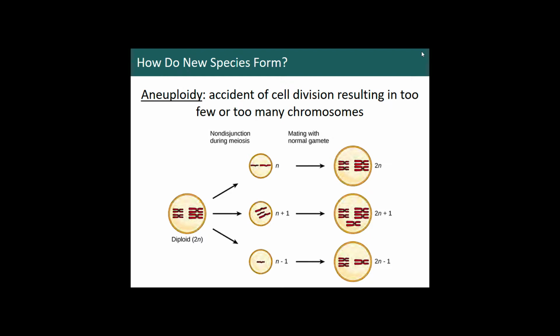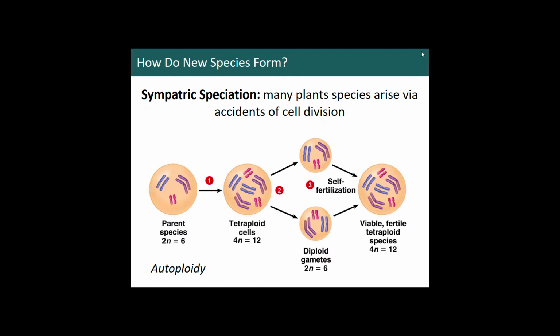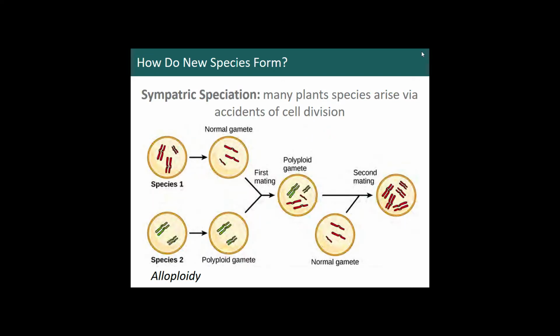Okay. This can also happen, oh, this is what I just said, going through the self-fertilization process and coming up with a tetraploid species. And it can also happen when a species crosses with another species. And so you can have, in this case, a normal gamete and a polyploid gamete that come together.